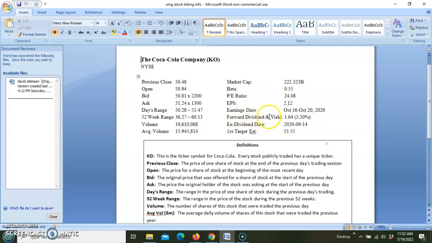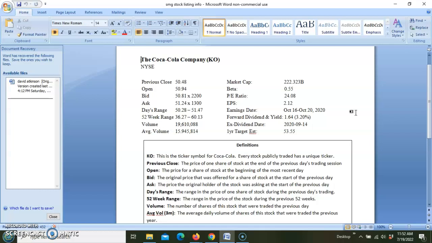Next up, we have the dividend and yield. 1.64 means that for every share of Coca-Cola stock, Coca-Cola paid a dividend of $1.64. That means that if you owned one share of Coca-Cola, Coca-Cola paid you cash $1.64. A lot of big corporations do pay out dividends, so that's a good thing.